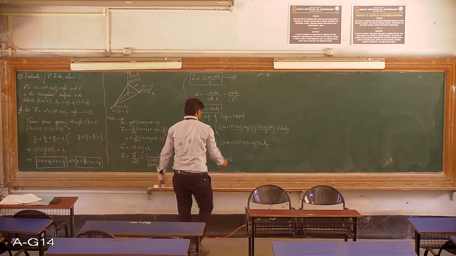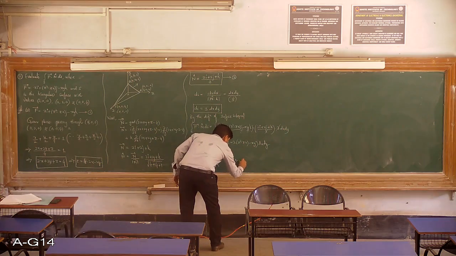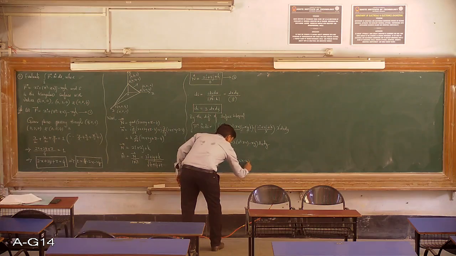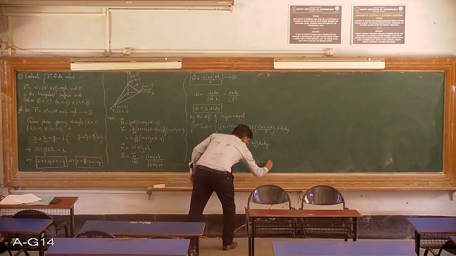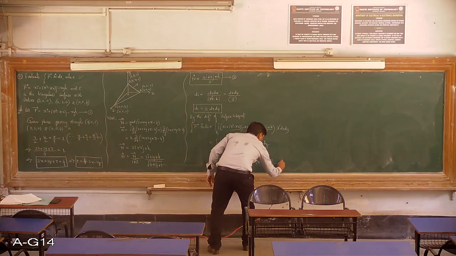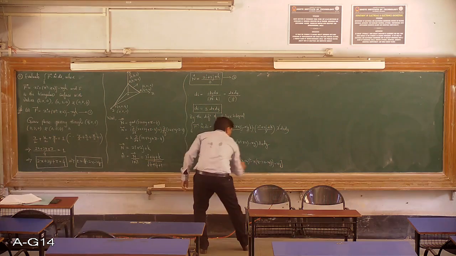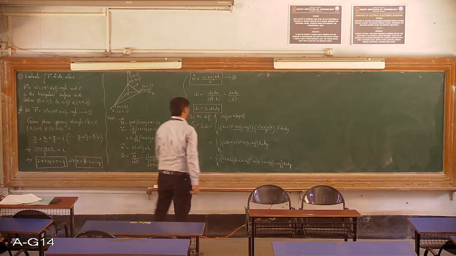So you can use 4 minus 2x minus 2y whole square minus x into 4 minus 2x minus 2y, and here it is minus xy into dx into dy.